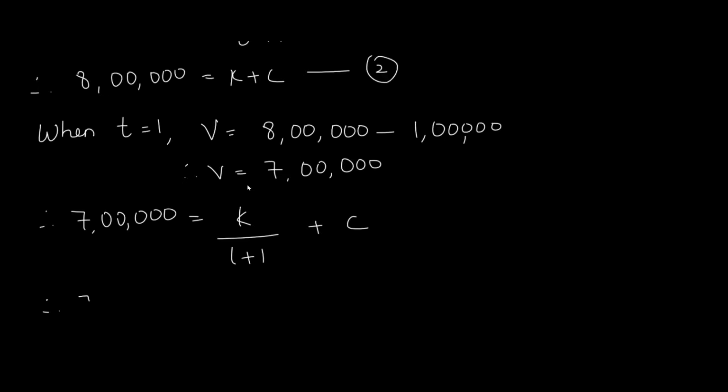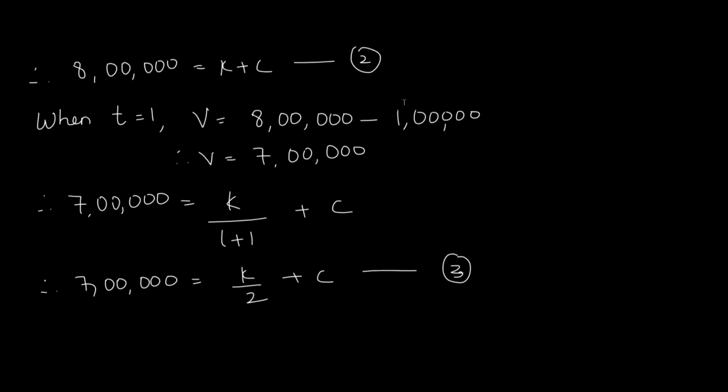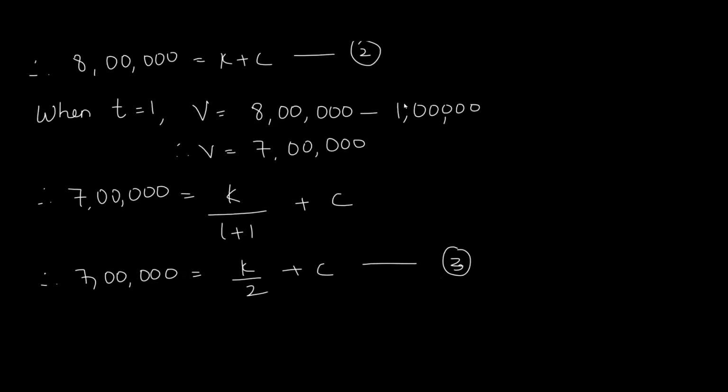That means 7 lakhs is equal to k upon 2 plus c. Suppose this is our equation 3. Now what we do is we subtract 2 and 3. Observe equation 2. We subtract 2 and 3, that is, subtracting 3 from 2.